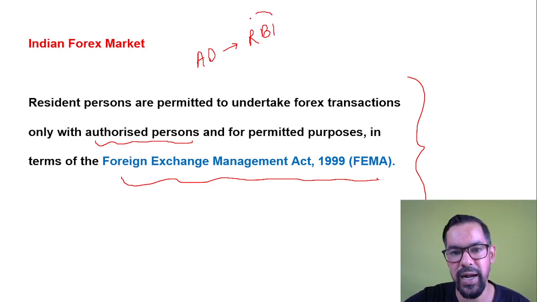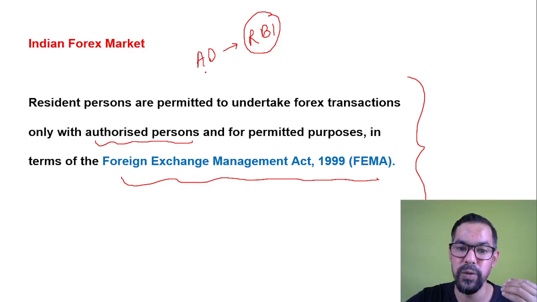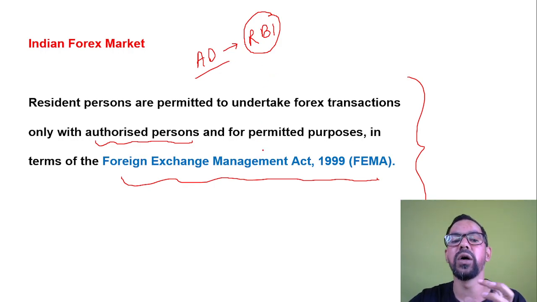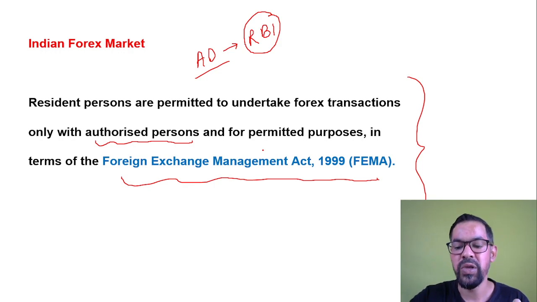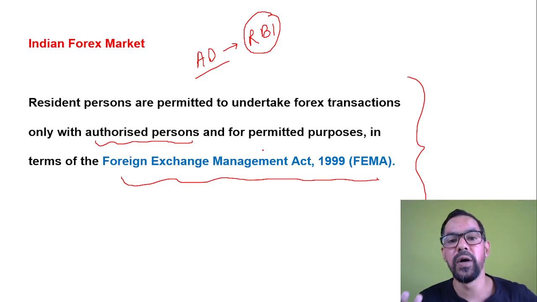They work as per the guidelines of RBI, and RBI gives licenses to these entities as authorized dealers, and they work according to the guidelines of FEMA, the Foreign Exchange Management Act.